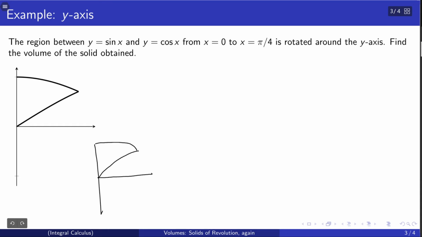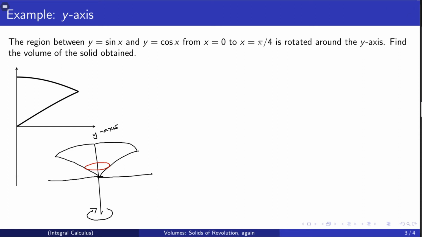Right, so if that's my plane region, and this is the y-axis, and I'm rotating around the y-axis, what's going to happen is I'm going to get a region here on the other side of the y-axis. Right, so I'm just kind of using this to guide my drawing here, where my cross sections perpendicular to the y-axis are just circles.